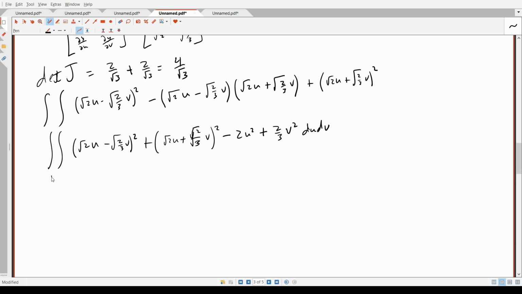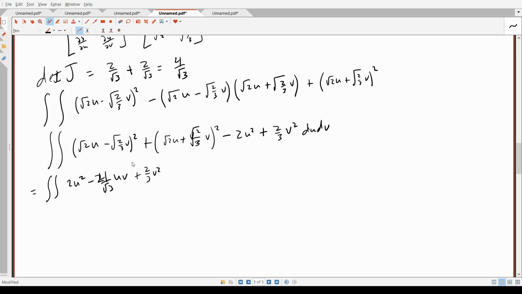This equals, not 4, sorry, 2u squared minus 2 times this, which is going to be 4 over root 3 uv, plus 2 over 3 v squared.